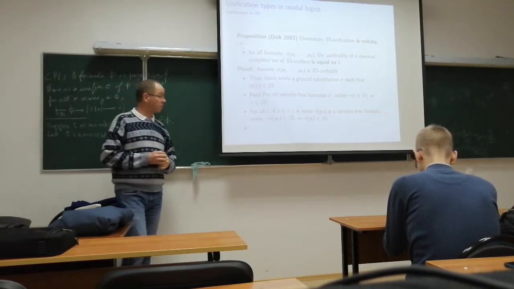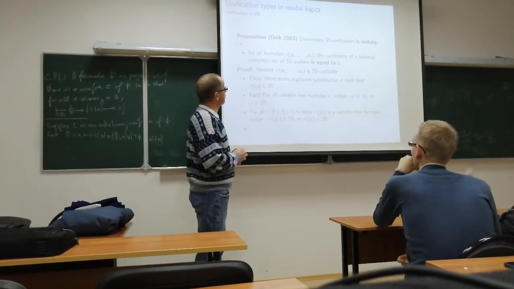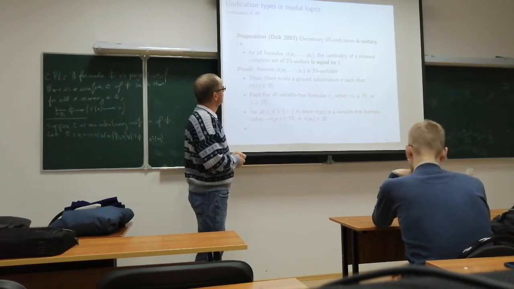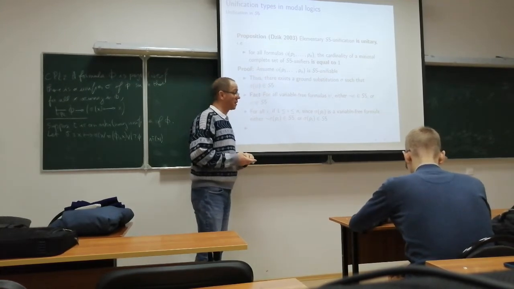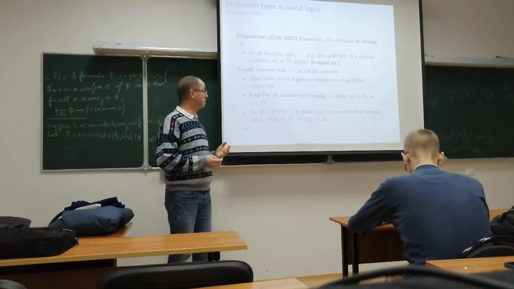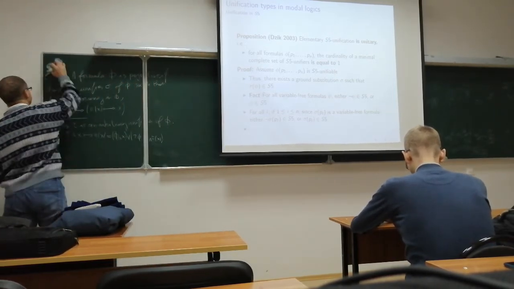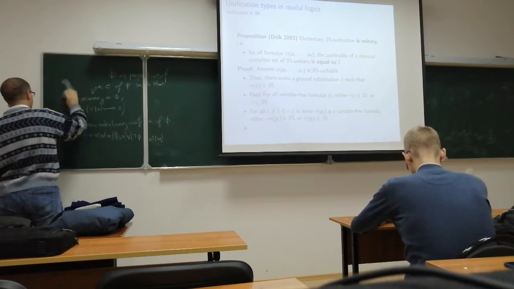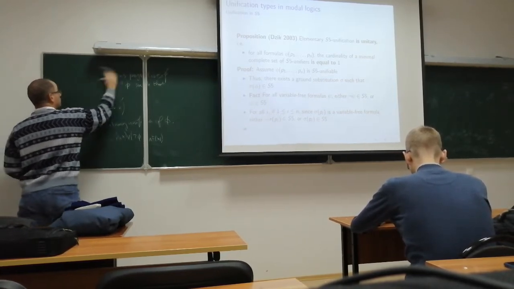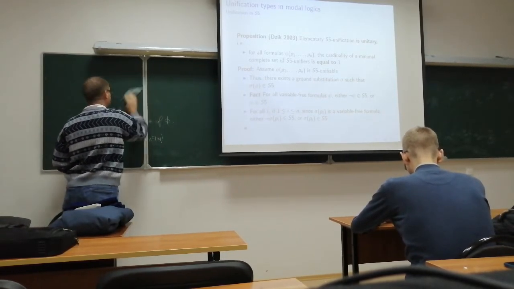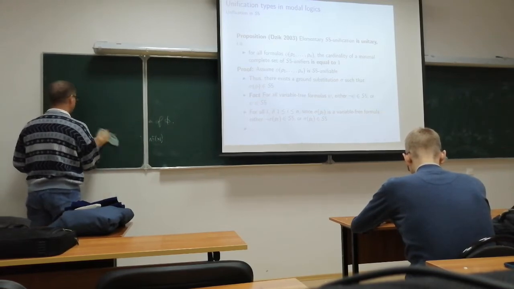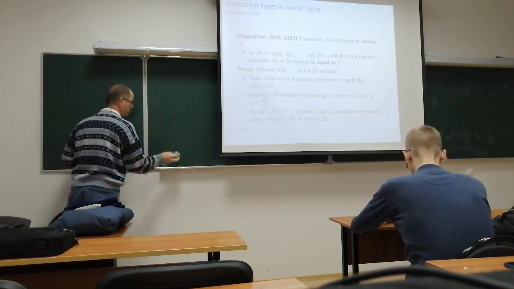I have written that elementary unification is unitary, but it can be proved that in fact unification with parameters is too. The proof on the slides is a little bit boring.